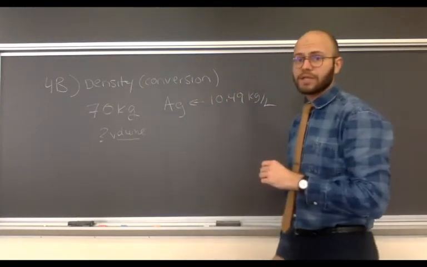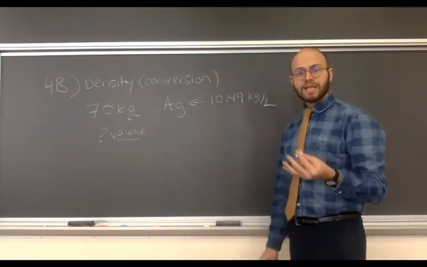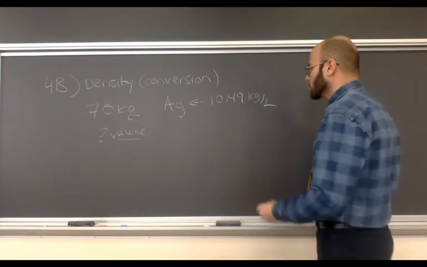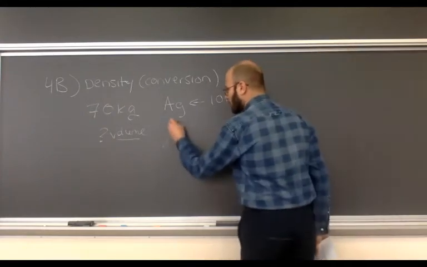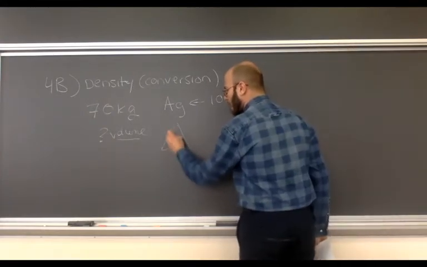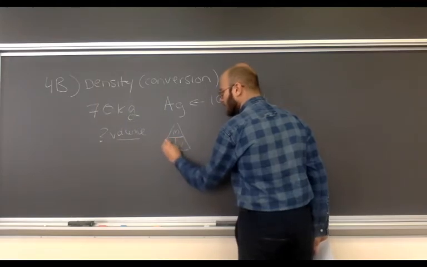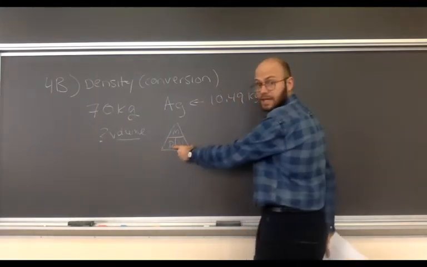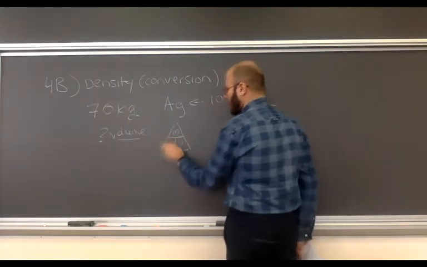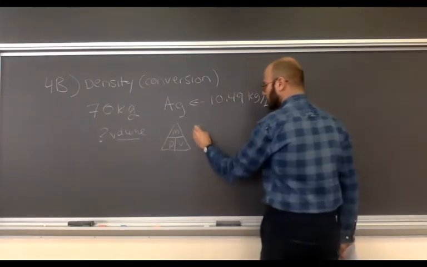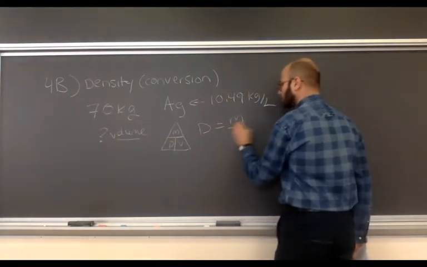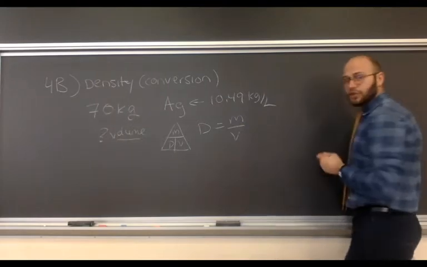and we're going to come out with another extensive measure in just a moment. And so there's a couple ways that you might realize the equation that we're going to work with. We talked briefly about the triangle, right? The mass, volume, density. And so if we want density, we can cover up the D and see that it's m over v. So our equation can become... But we also can look at the units, right?